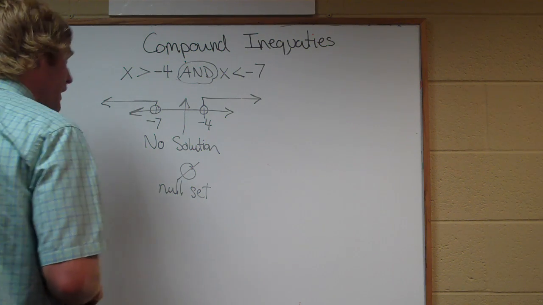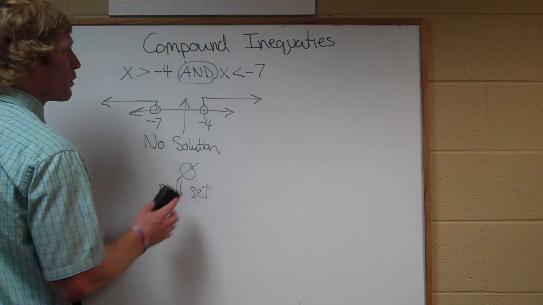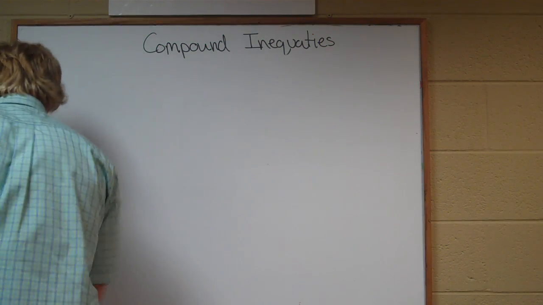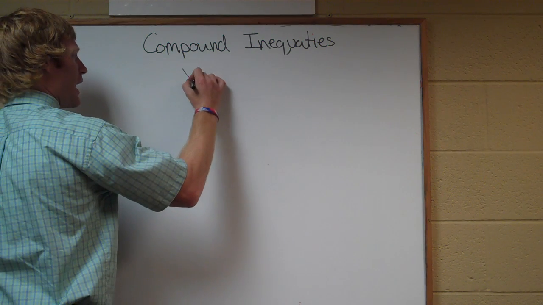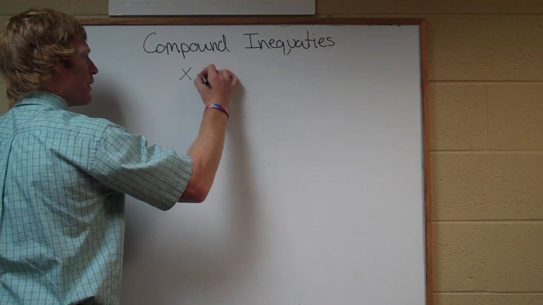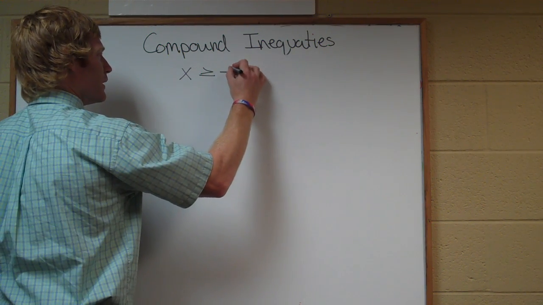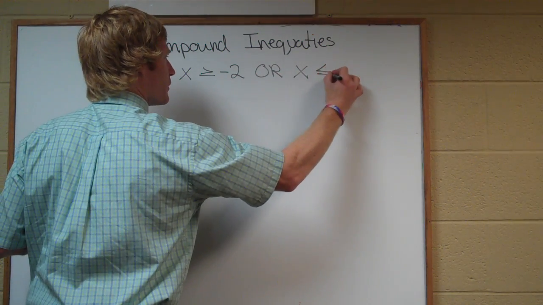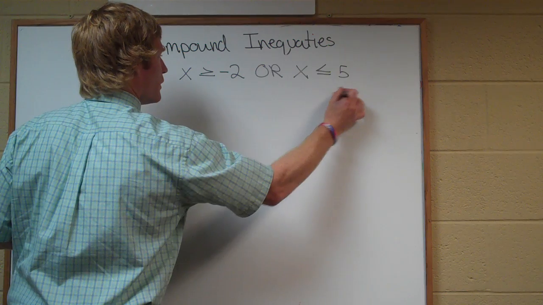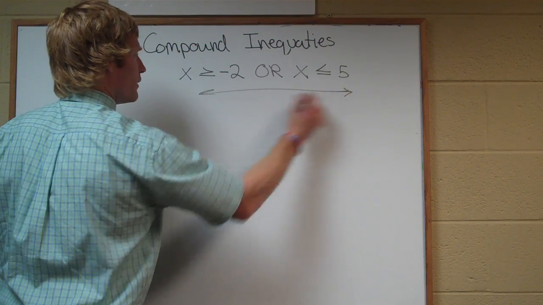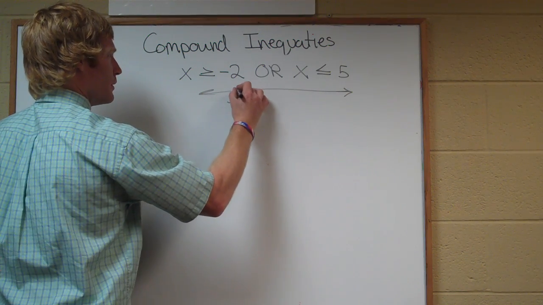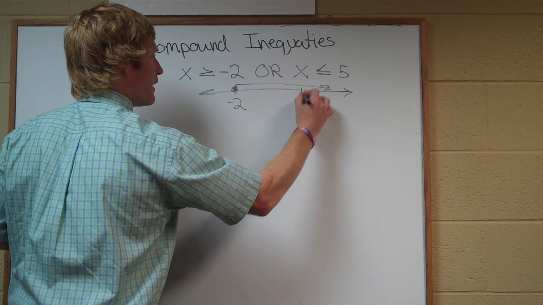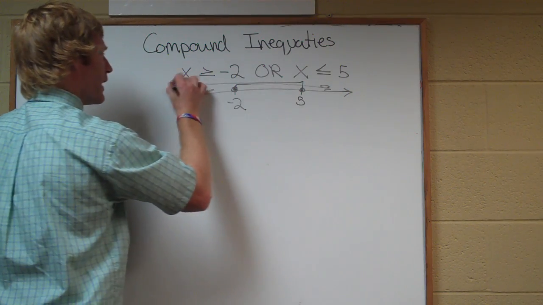All right, now let's look at a special case for OR statements. So let's look at x being greater than or equal to -2, or x being less than or equal to 5. So I go ahead and graph. I get -2, closed circle, going that way. And I've got 5, closed circle, going this way.